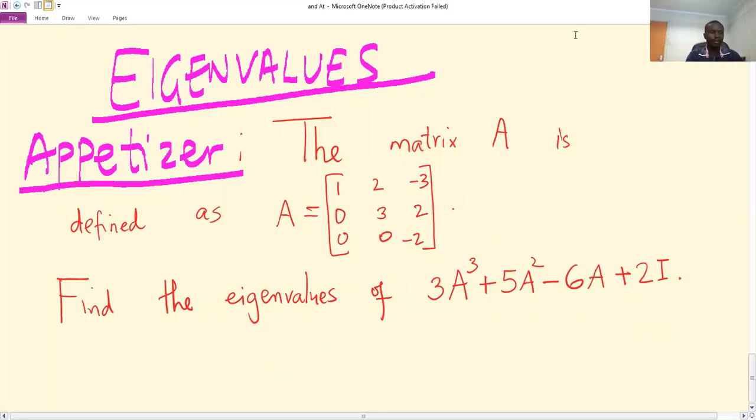Welcome to this session. In this class we are going to see how to find eigenvalues of a matrix, and then from the eigenvalues, we find the eigenvalues of some sum of that matrix with different powers, as defined in this problem.